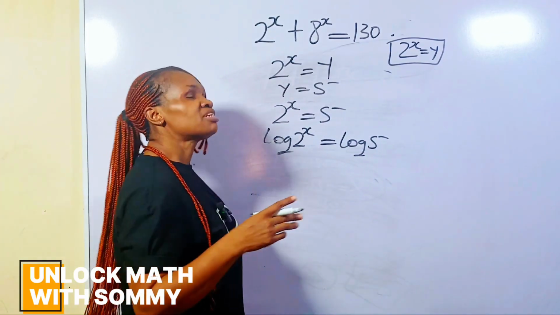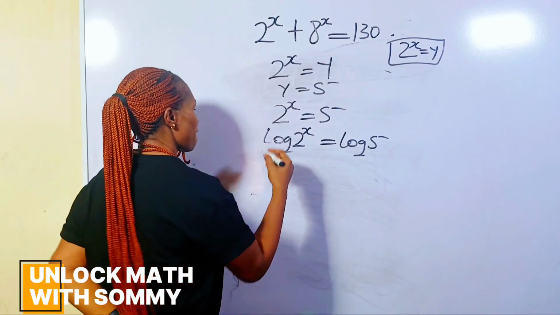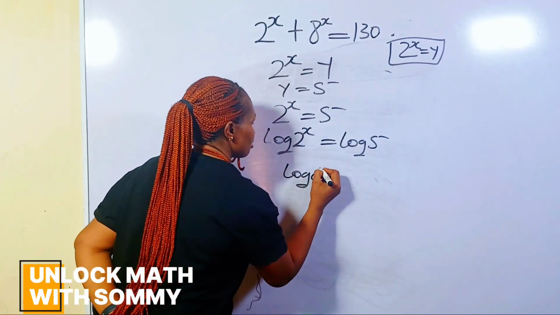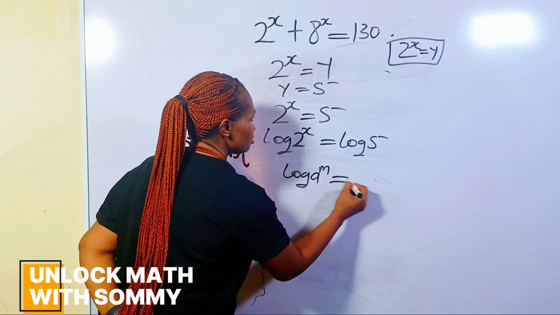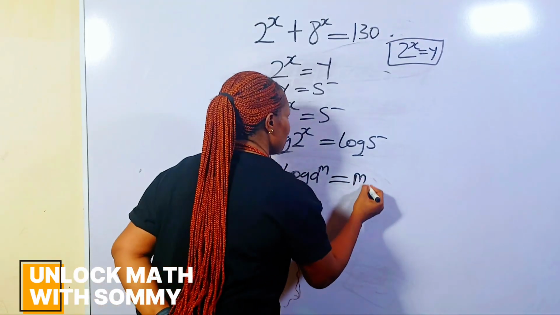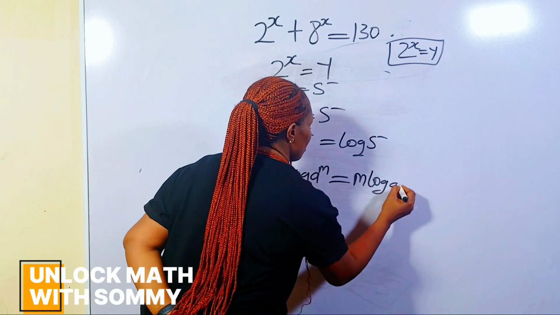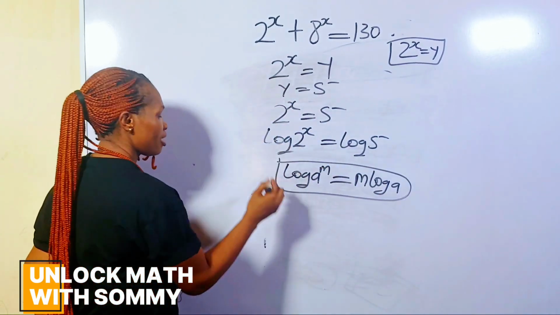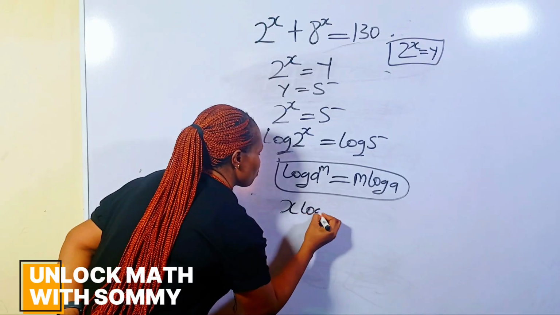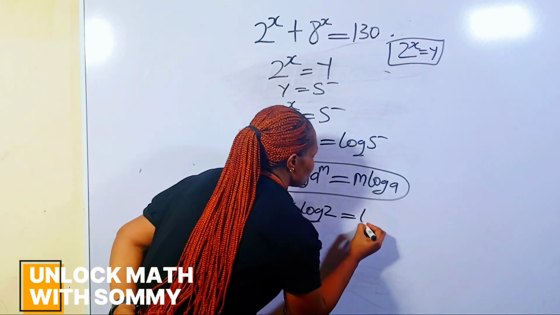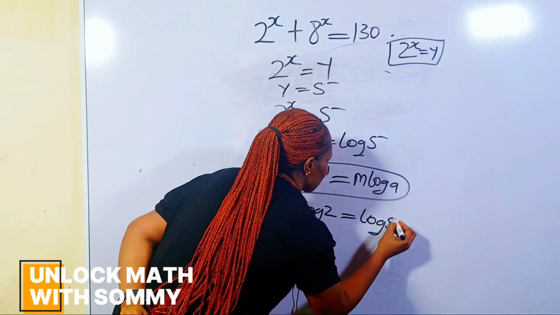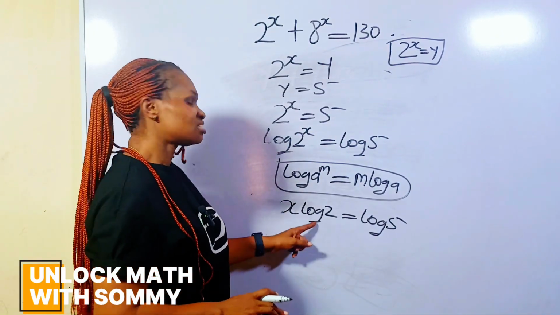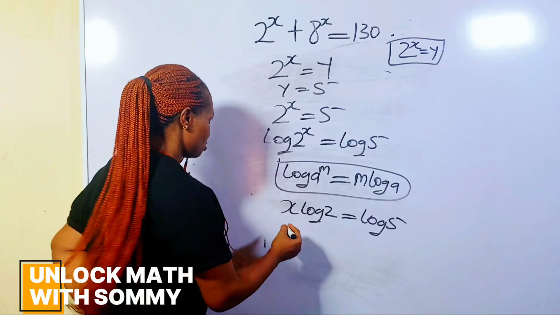Now, remember the logarithm rule that says log a raised to the power m is equal to m log a. If we apply this here, we now have s log 2 is equal to log 5. For us to find the value of our s, we divide both sides by log 2.